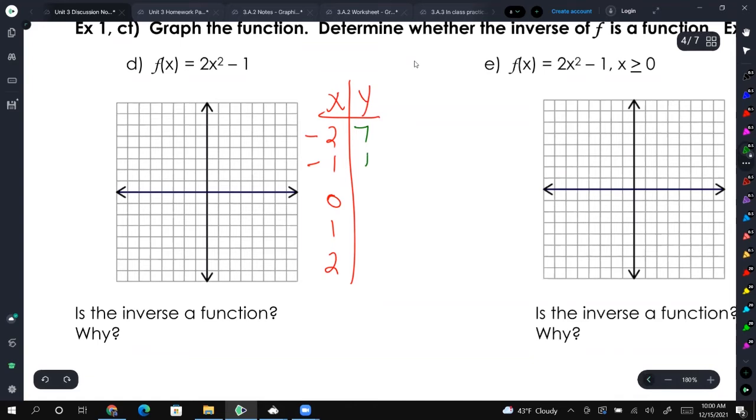If I plug in 0, I'll get -1. Because this is a quadratic function, we know it's symmetrical. So then these values will be the same. And then we plot our points.